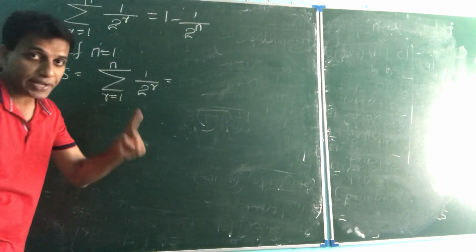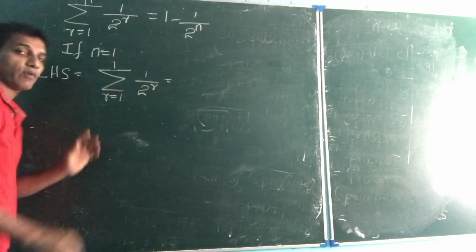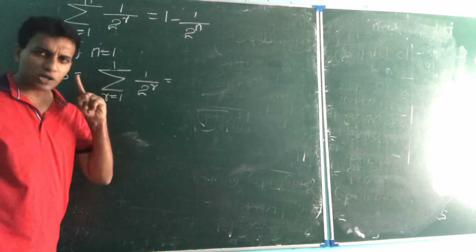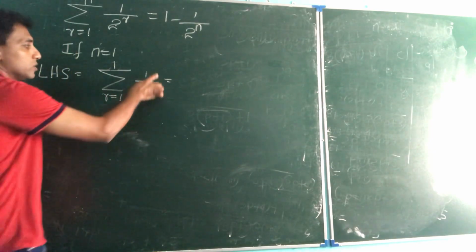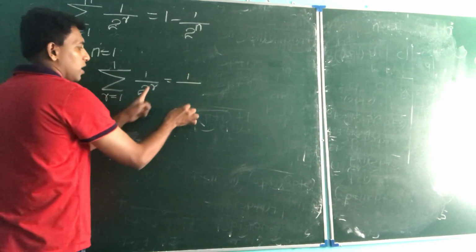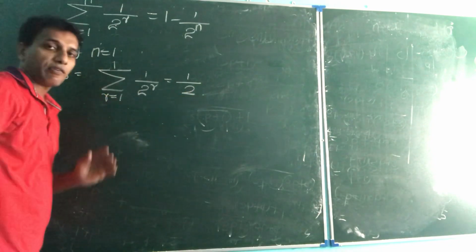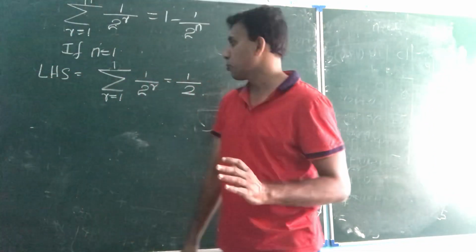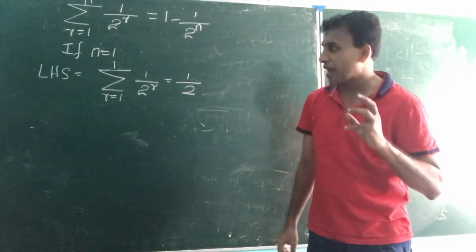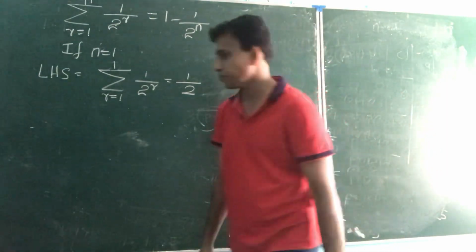N is 1 here, so 1 to 1, which means only the first term, one term. That is 1 over 2 to the power 1, so the left hand side is 1 over 2. If you put n equal 1, the left hand side answer is half.